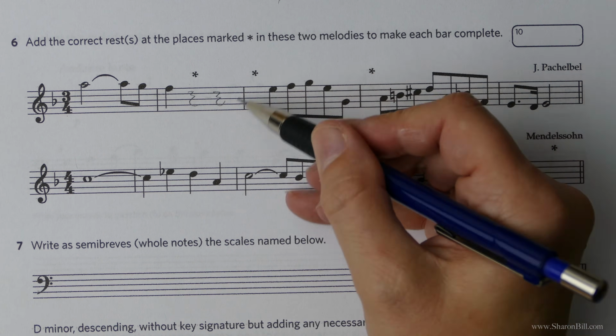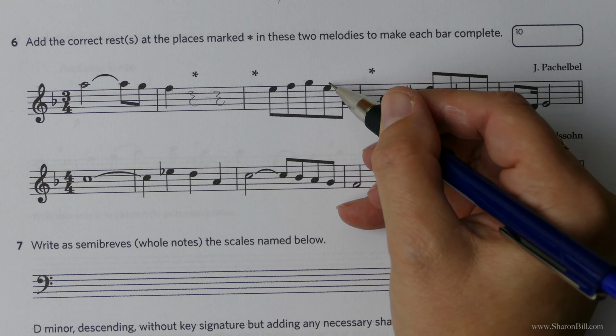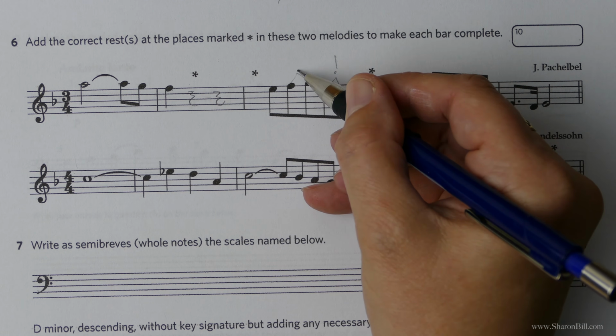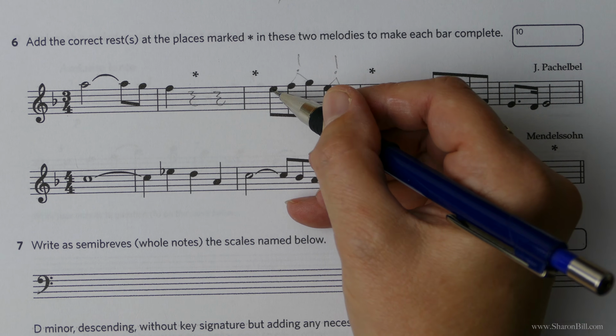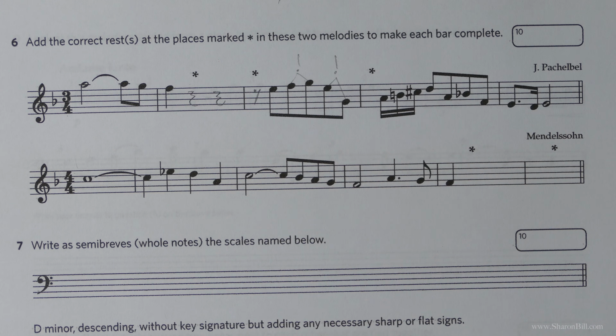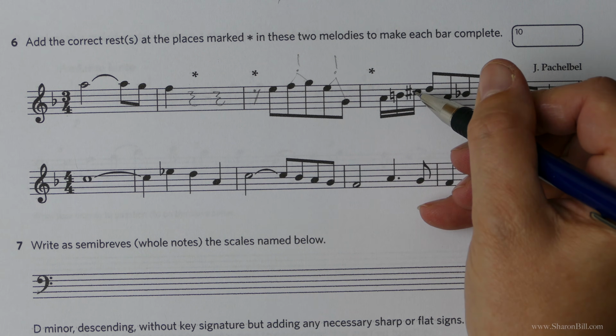So here, let's see what we've got going on. We've got 2 half beats, 2 quavers, 2 eighth notes, which makes a crotchet, 2 quavers, which makes a crotchet. We've only got 1 quaver here, so we're half a beat missing, so there's a quaver or an eighth note rest. So here we've got 1, 2, 3, 4.